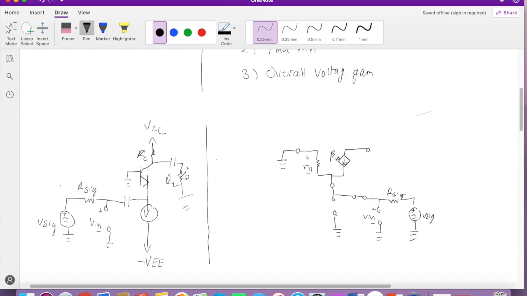We also have to just do the collector. We see RL, and then the final one, RC, which we will have to connect to ground because VCC is always the DC source. Now, quickly, what we can notice is RC is in parallel with RL, so we can combine them.